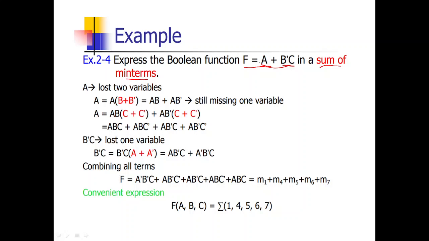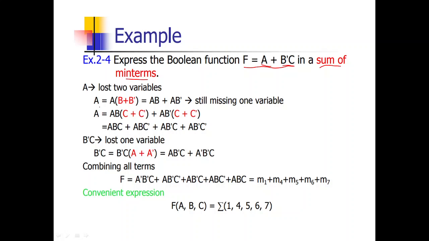It is missing the variables b and c, right? So first we have to include the missing variable b here. After that we have to include the missing variable c.